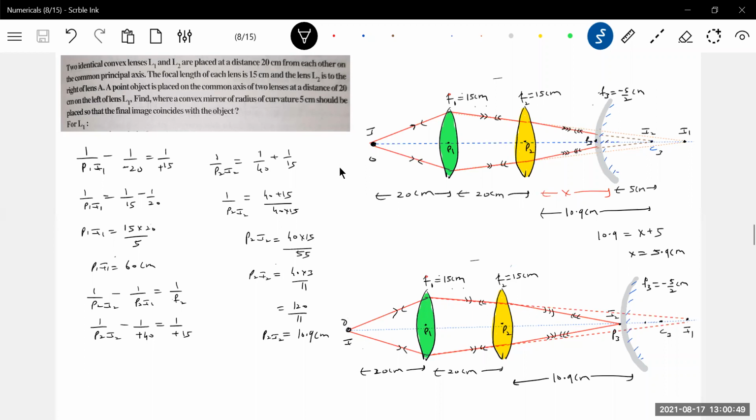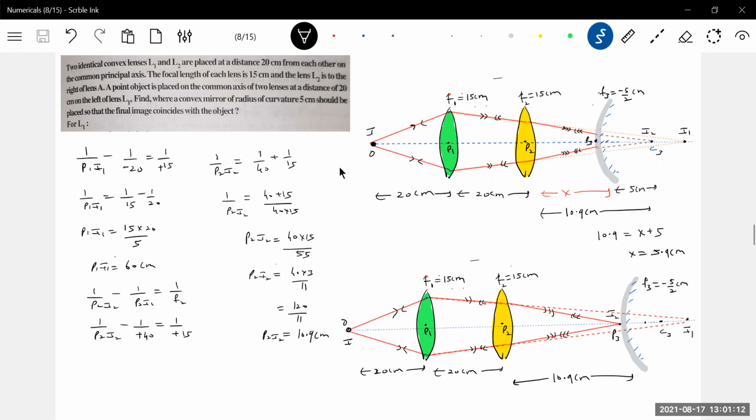Of course you do a few other problems, but maximum prefer questions where more than one optical instrument is there, like a lens and mirror, lens and plane mirror, lens and spherical mirror, spherical mirror and plane mirror, prism and lens. Such numericals you do, because at a stretch you can analyze a lot of things.